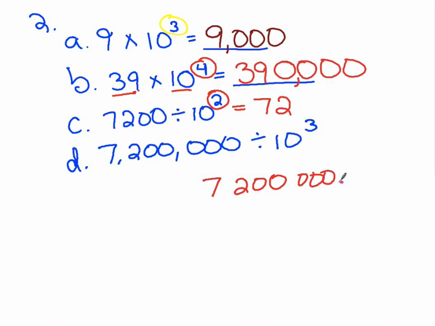This says 10 to the power of 3. We are dividing by 10 to the power of 3. How many times is that decimal going to move? 3 times. How many arches am I going to make? 3. And how many numbers are in each arch? How many numbers are in each arch?